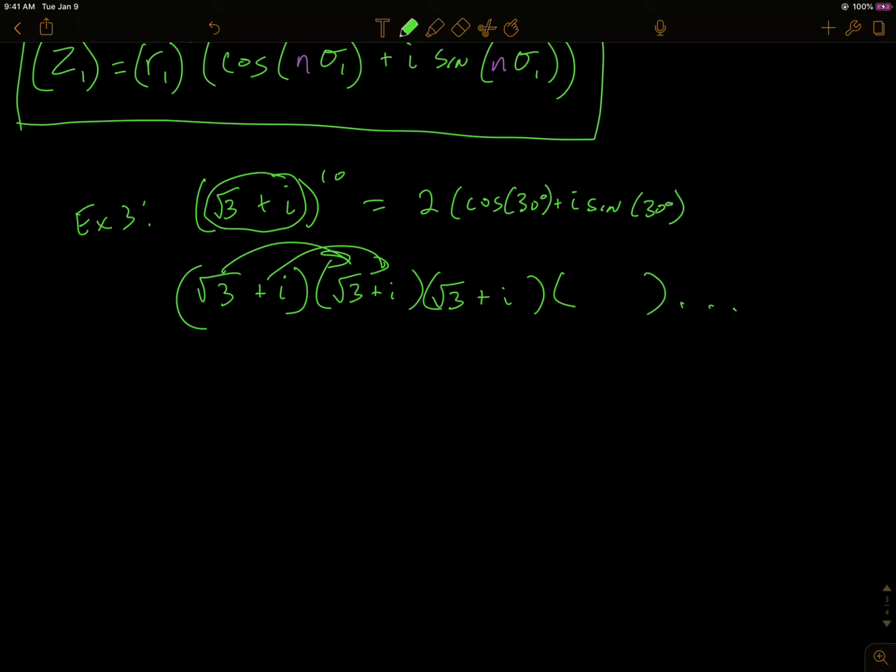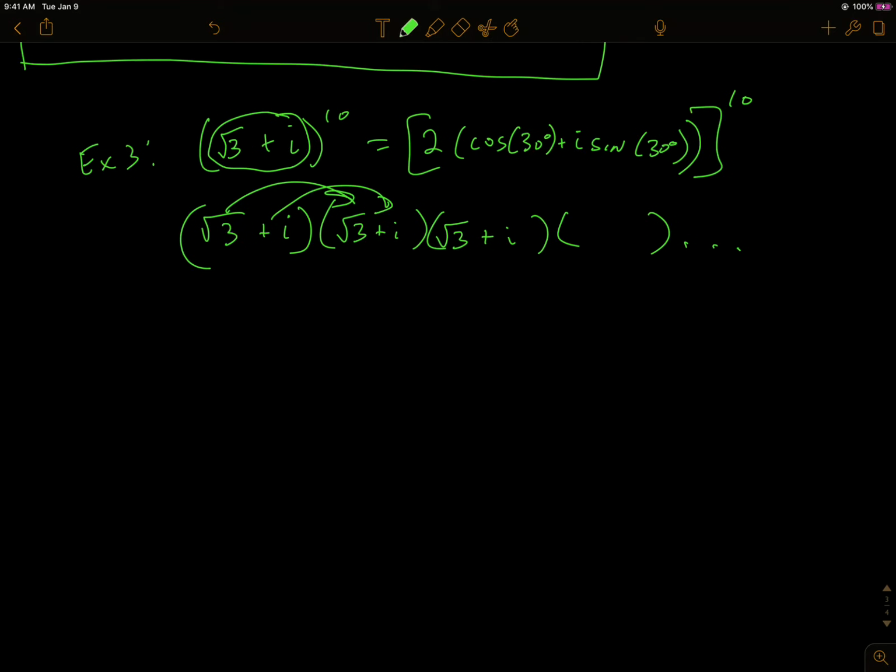So that's the first thing we would do: if I ever ask you to raise it to a high power, even if it's in rectangular form, you're going to convert it to polar and raise that to the 10th power because of this De Moivre theorem. It's so much easier. So we just have to do 2 to the 10th and then times cosine of 10 times 30, because we're going to add 30 together 10 times, right?